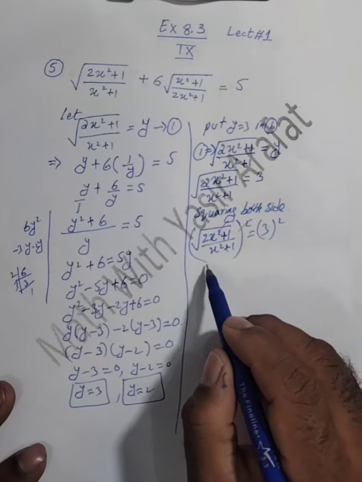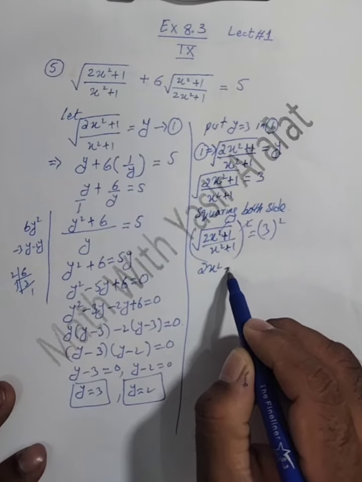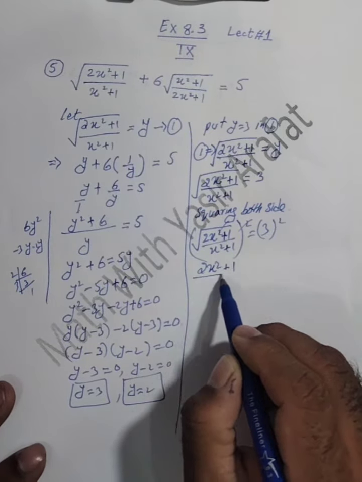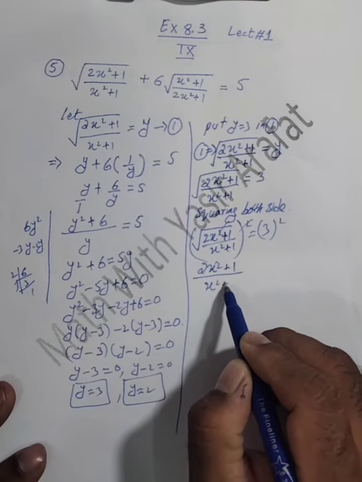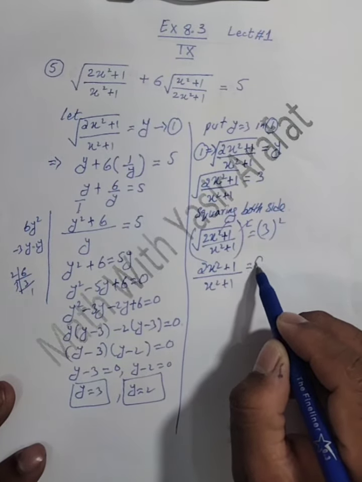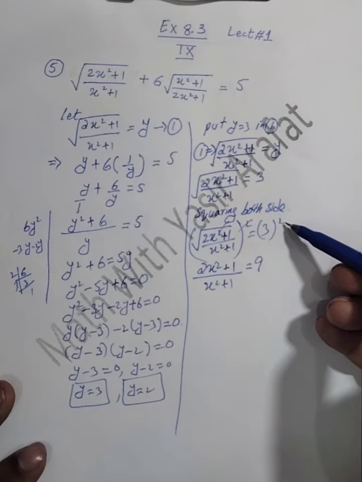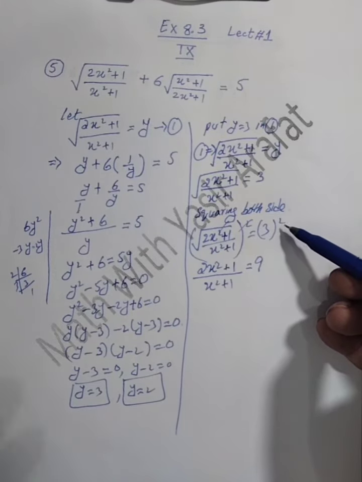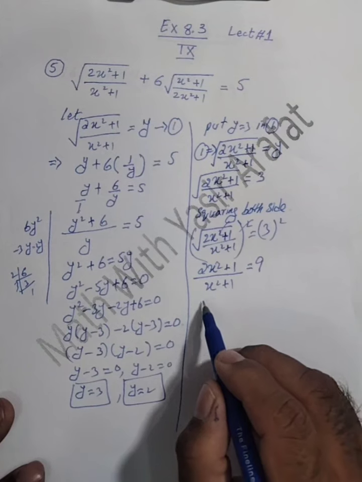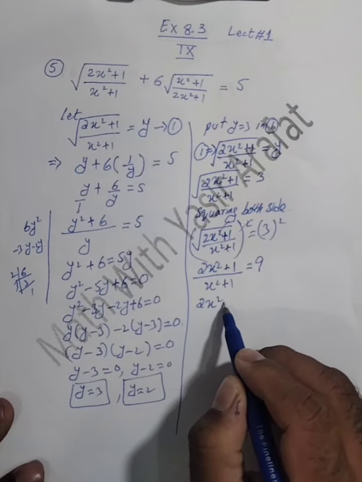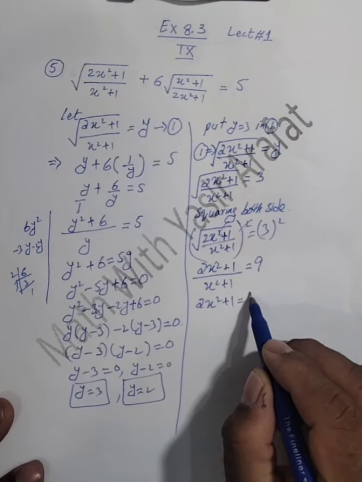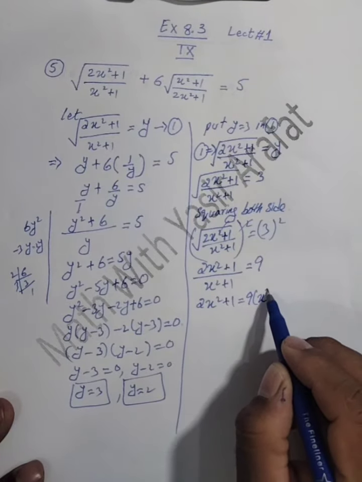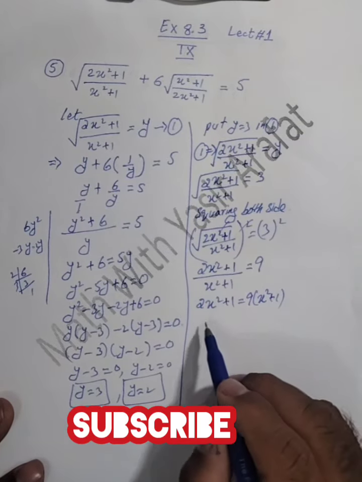So this cancels out with this. 2x square plus 1 over x square plus 1 is equals to 9, because this is 3 power 2, which means 3 multiplied by 3. So 2x square plus 1 equals 9 times x square plus 1.